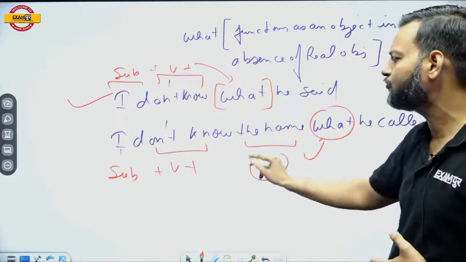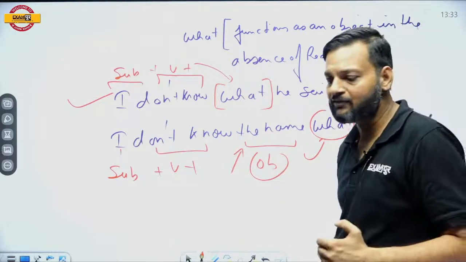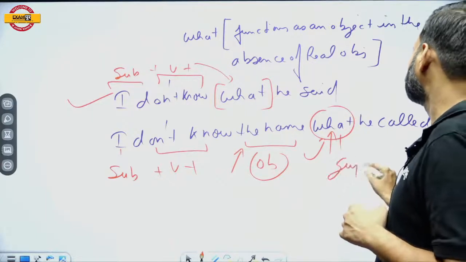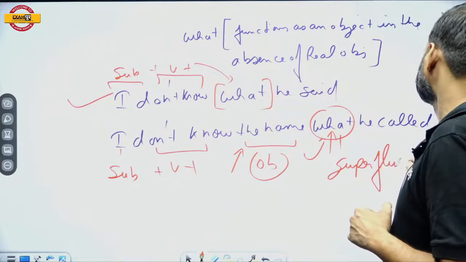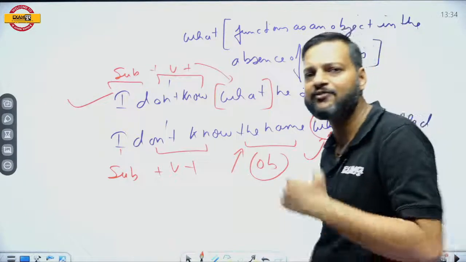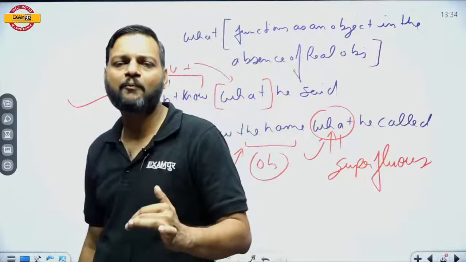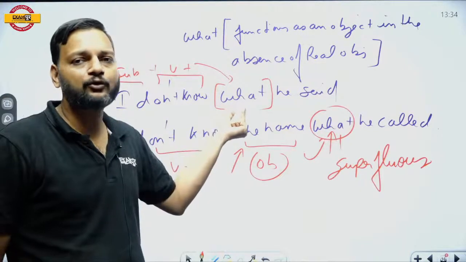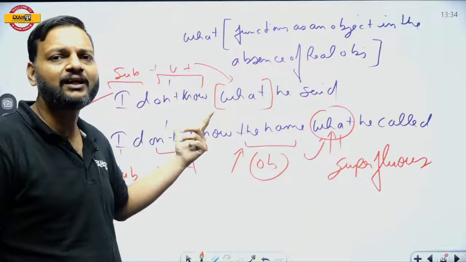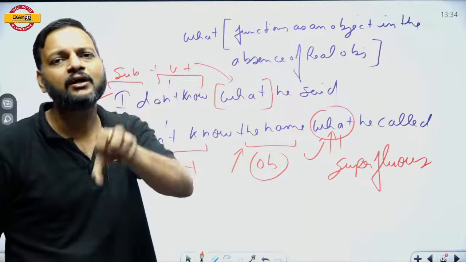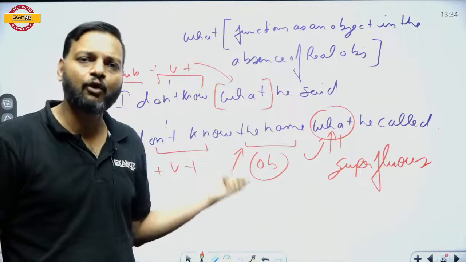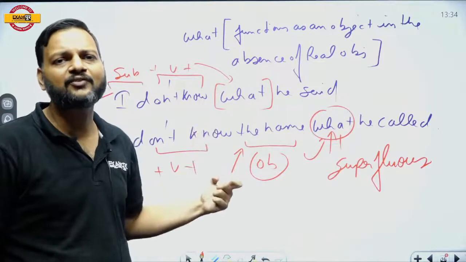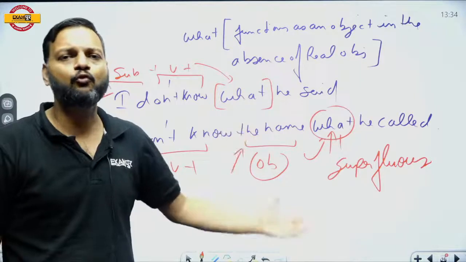So in the presence of an object, the word what becomes superfluous. In the first sentence, what was absolutely correct because there is no object in the sentence, so what itself becomes the object. But in the second sentence, we already have an object, the name, so there is no need to use what.